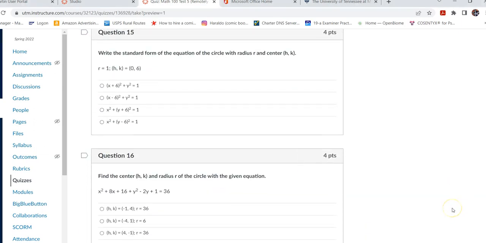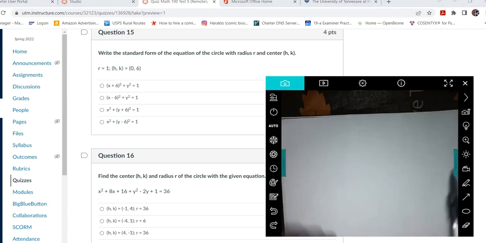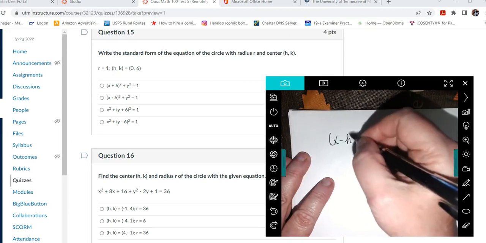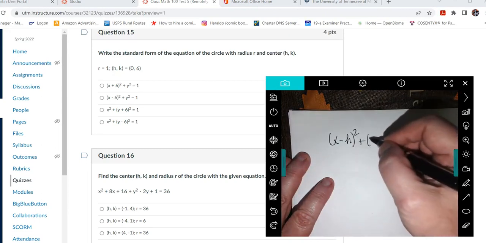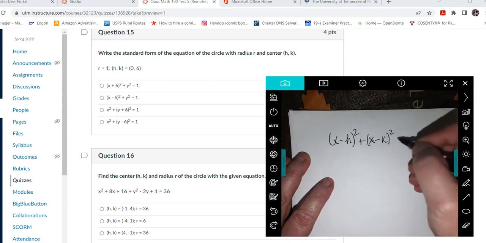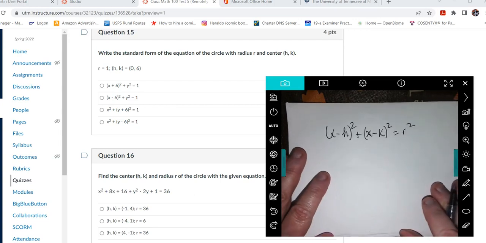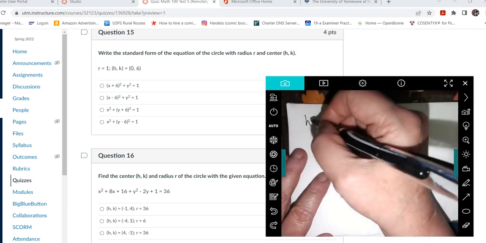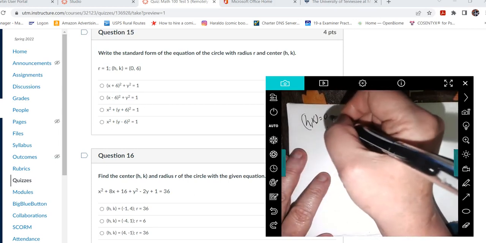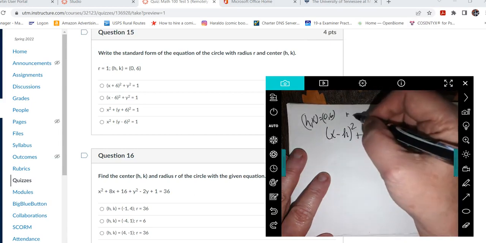All right, write the standard form of the equation of the circle with radius r and center h comma k. Okay, so we have to know the standard formula. So it's going to be x minus h all squared plus y minus k all squared equals r squared. Okay, so h, k is equal to 0, 6, and r is equal to 1.